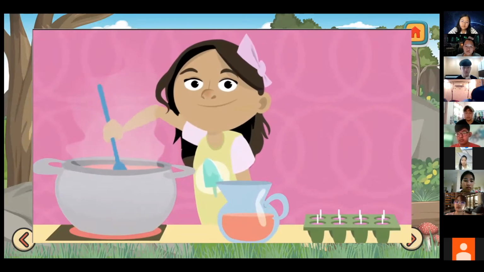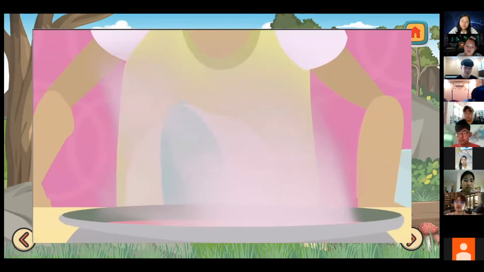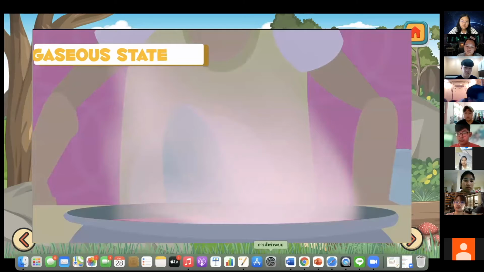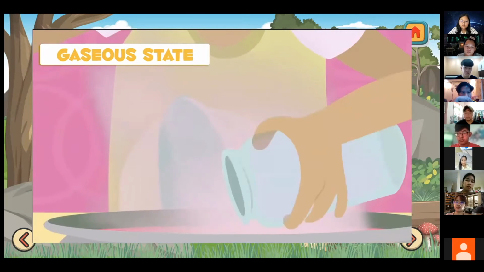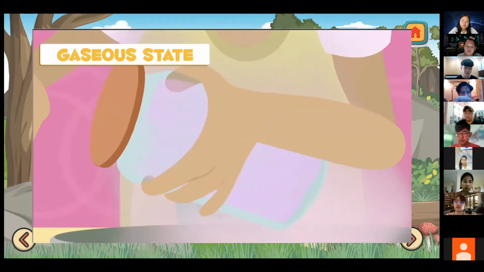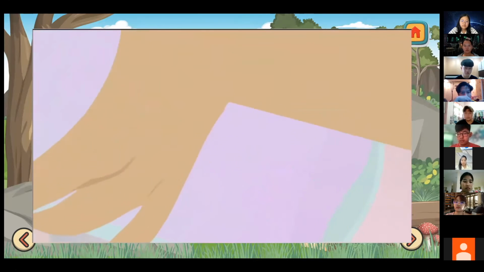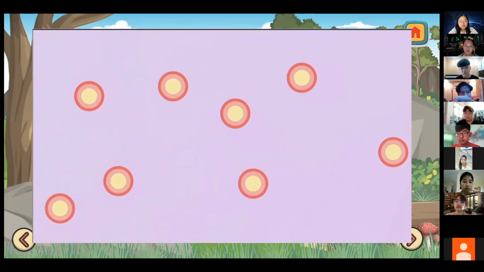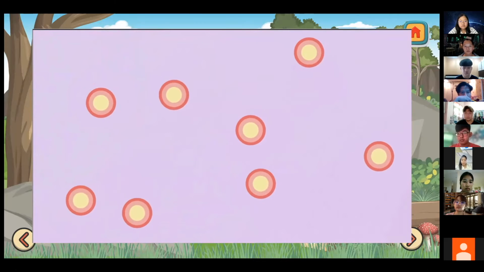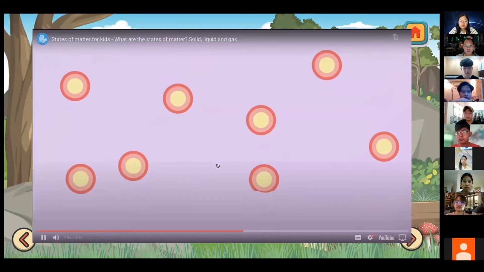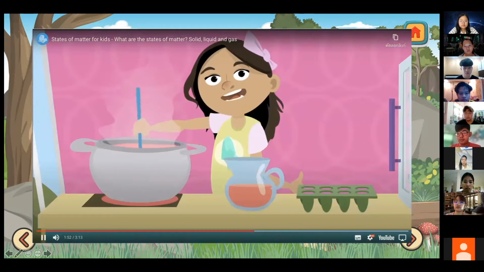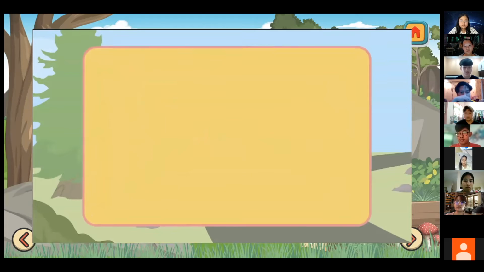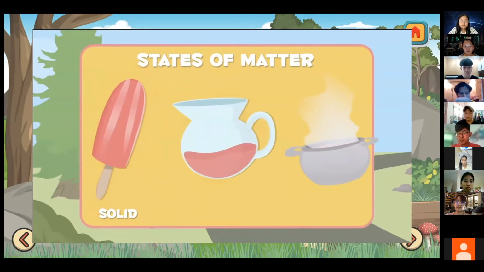Lastly, the gaseous state. The vapor coming out of the pot is a gas. Matter in its gaseous state can change its volume and shape, taking up the space of its container. See? Particles are well separated and can move freely. Look, they move like crazy. Did you get the idea? Let's recap a little. Matter exists in three states: solid, liquid, and gas.